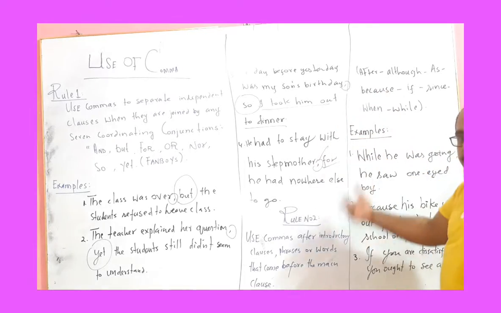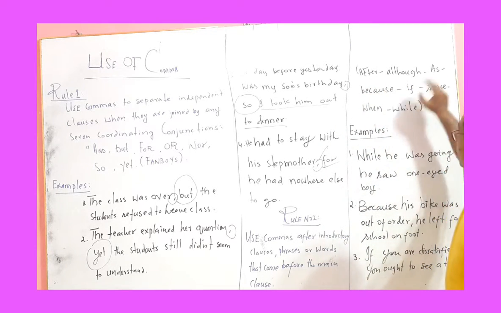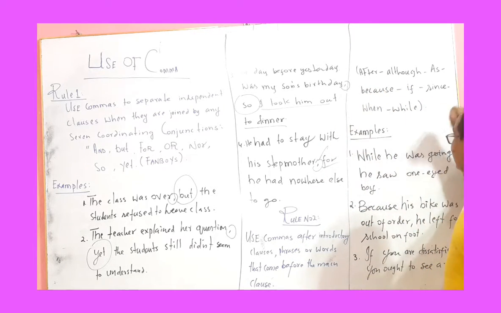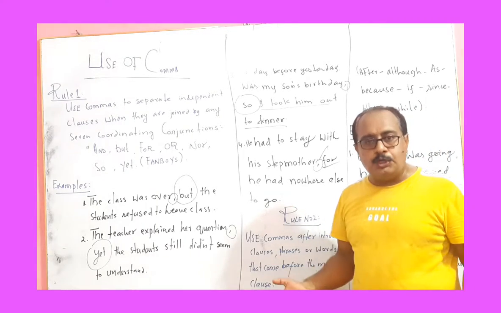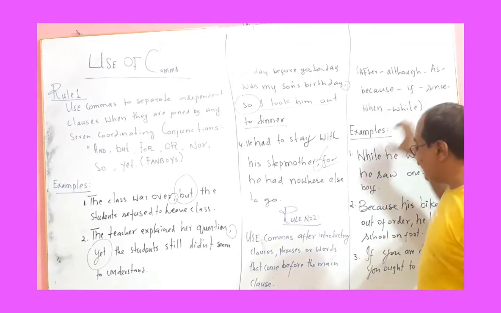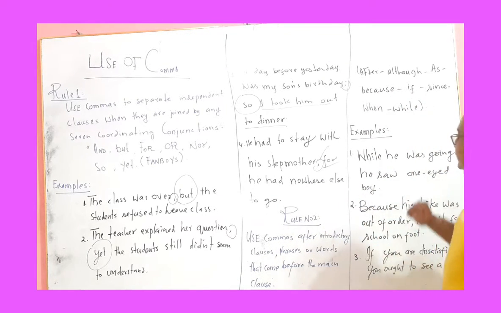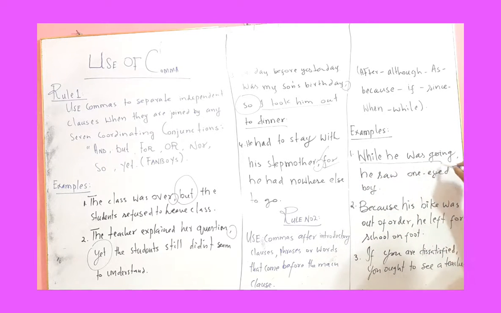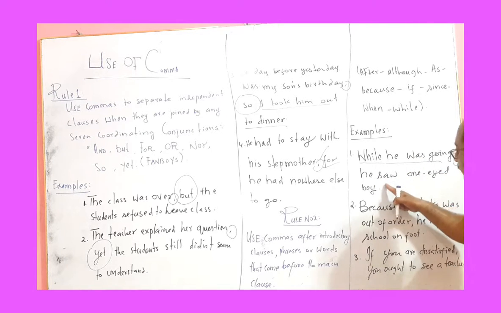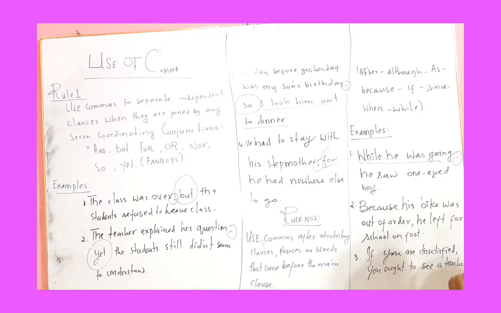See which words will be used, like after, although, as, because, if, since, when, and why. Other words could also be used if they are used as an introductory clause. See the example. While he was going is an introductory clause, and we are using a comma here. While he was going, he saw a one-eyed boy.